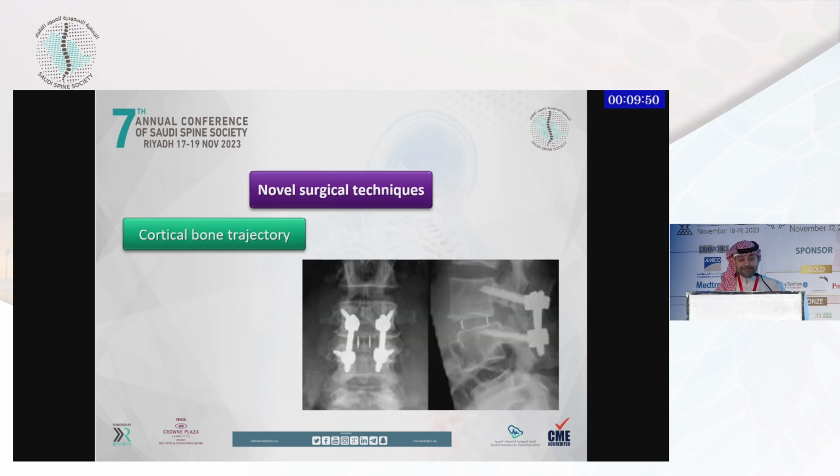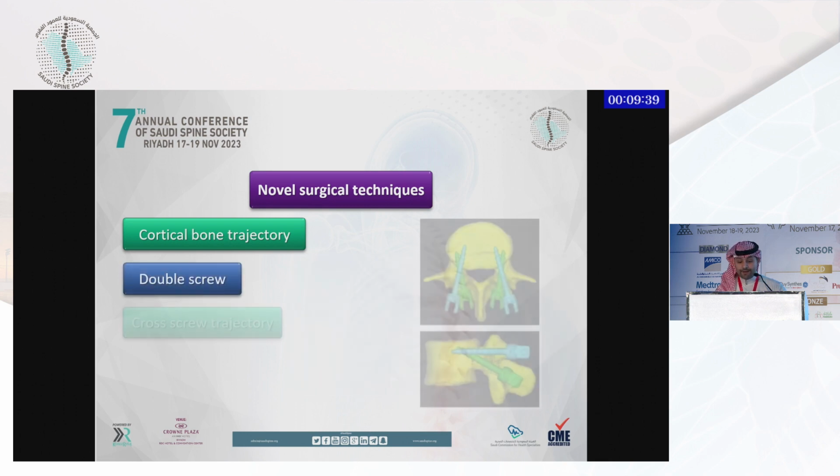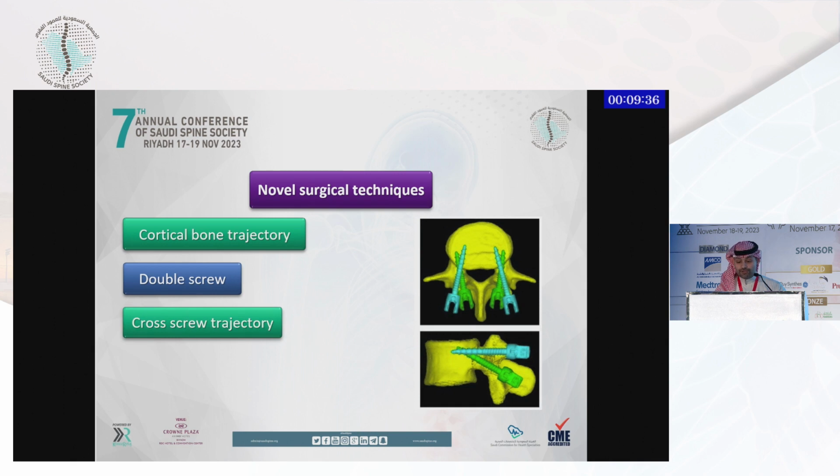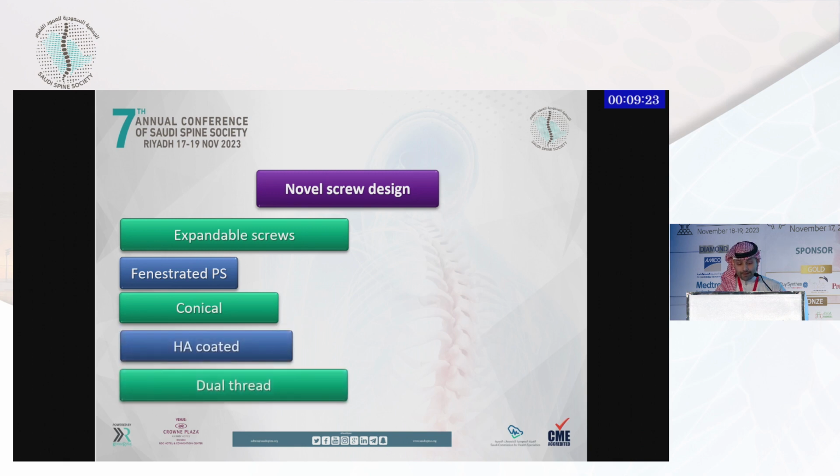There are novel surgical techniques described especially for osteoporotic patients: using cortical bone trajectory, using double screws in the pedicle, using a cross screw trajectory, which is putting a pedicle and a cortical screw at the same time, using expandable screws, fenestrated pedicle screws, conical screws, hydroxyapatite coated screws and dual thread screws.